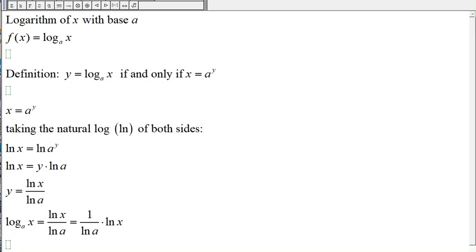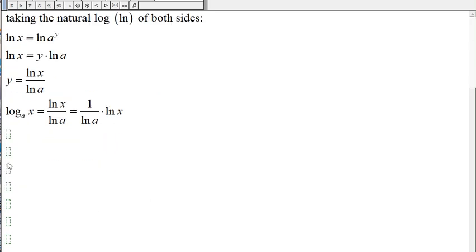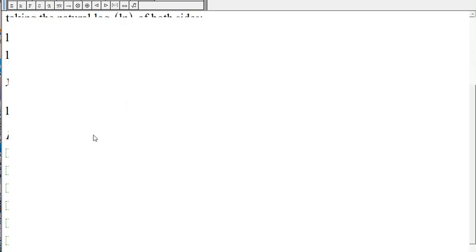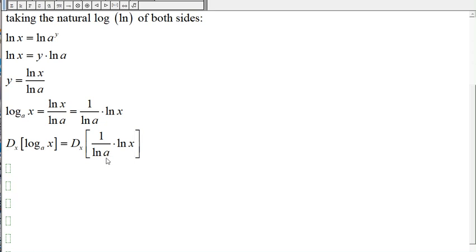And now we can take the derivative. The derivative of log base a of x is equal to the derivative of 1 over the natural log of a, again, a is just some real number, some constant, times ln of x. Since 1 over ln of a is a constant, we can move it and place it in front of the derivative here.